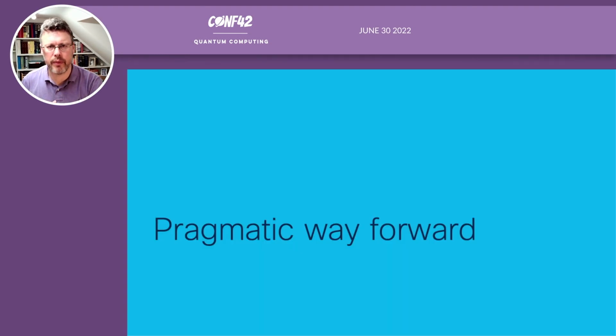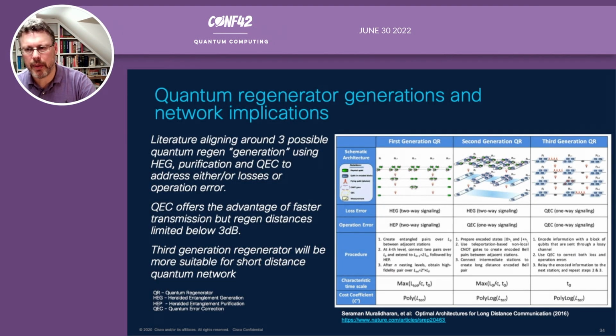So is there a pragmatic way forward here? Interestingly enough, there is a paper that came out in 2016 by Saramin Marutharan. I hope I pronounced his name correctly, but he and his colleagues produced an excellent paper that indicated that there's a generational shift. And being engineers and scientists, of course, we magically christened these first, second, and third generations, which is quite novel of us.